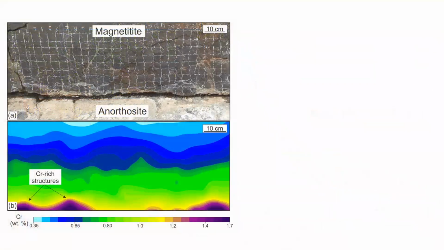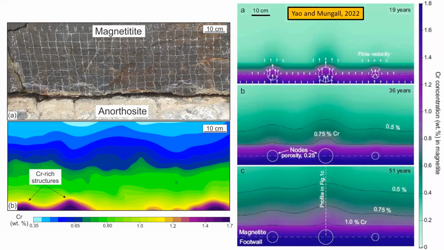And to explain these dome-shaped or bell-shaped, whatever you want to call them, chromium-rich structures, they proposed that we had significant lateral variation in the porosity of the underlying amorphosite layer. So in areas where your porosity is relatively low, you get a greater flux of chromium-rich melt coming from below, so that after a few decades, you can start producing similar structures to what we see in the magnetitite over here.